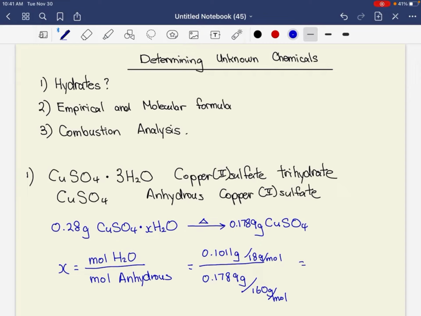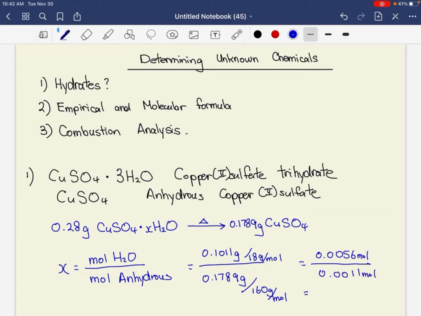What would that be? So 0.1011 divided by 18. That's 0.0056 mole over 0.1789 divided by 160, which is 0.0011 mole.